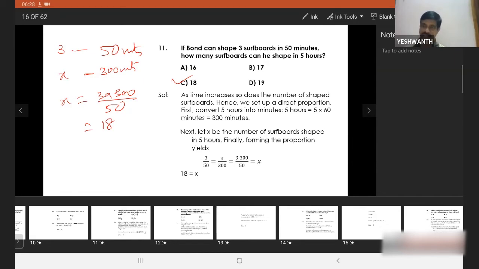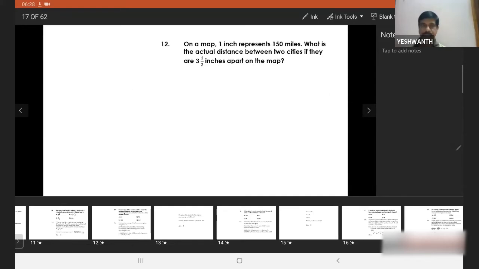Now let us move to the next slide. On a map, 1 inch represents 150 miles. What is the actual distance between two cities if they are 3.5 inches apart? So 1 inch equal to 150 miles. 3.5 inches means 7 by 2 inches equal to x miles.